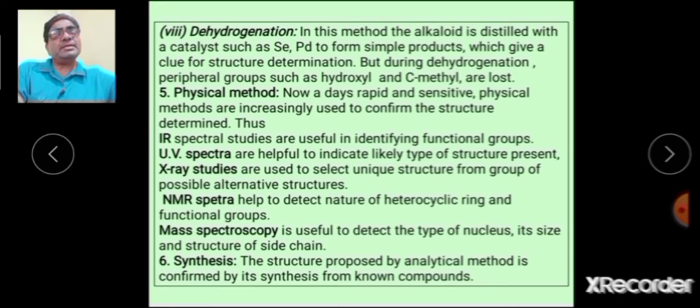X-ray studies are used to select the unique structure from the group of possible alternative structures, and NMR spectra help to detect the nature of heterocyclic ring and functional groups. Mass spectroscopy is useful to detect the type of nucleus, its size and the structure of the side chain. These are the physical methods used to determine the structure of alkaloids.